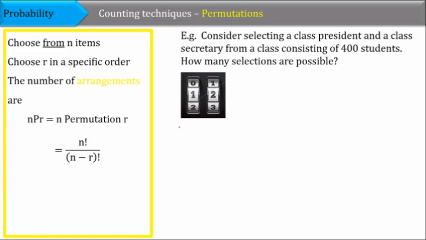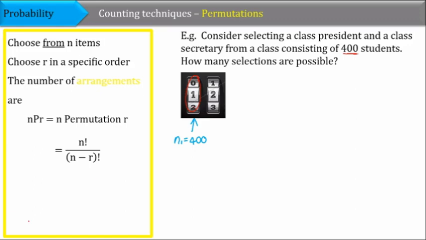Let's compare this to the combination lock. We'll have two slots, slot 1 and slot 2, because we have two positions, the class president and the class secretary. Now for the first position, we can choose any one of 400 students. So let's imagine that there's 400 numbers on this first slot.